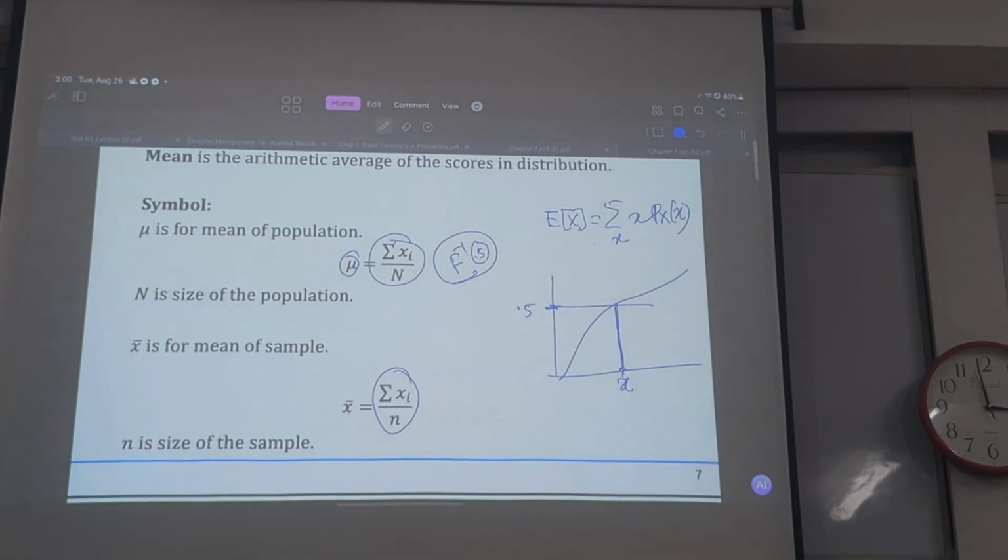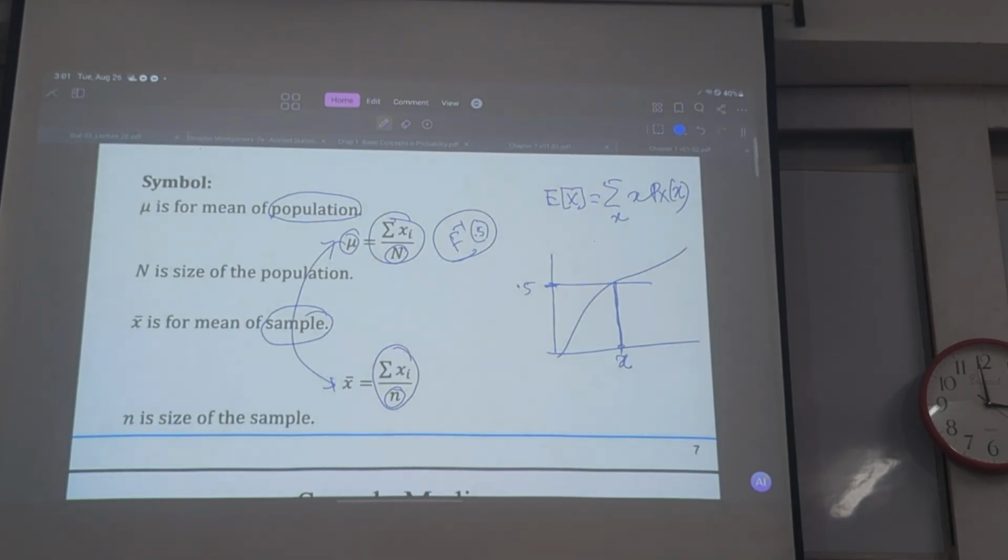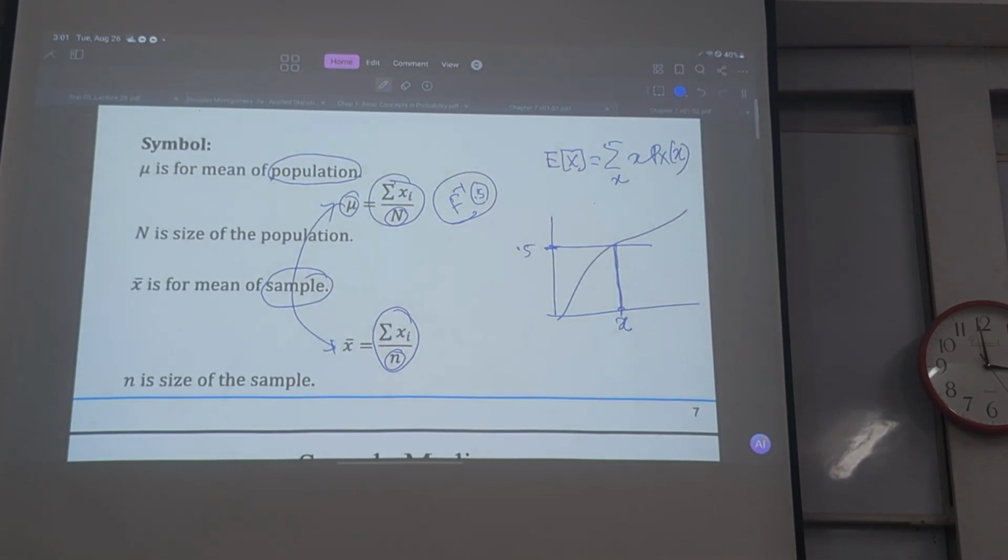Now, here these two terms have a difference. What is the difference? One is mu, another one is x-bar. One is capital N, another one is small n. What is the difference? When we have the population and a sample, we can calculate the mean value of the population, having all the possible data. In most cases, this is a theoretical thing and may not practically exist.